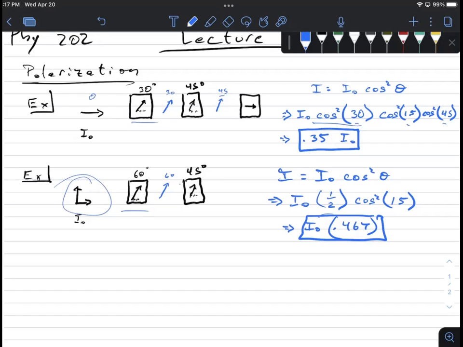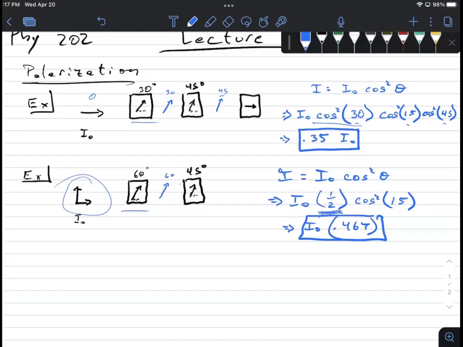And so the rule is, if you have a filter and randomly polarized light hits the filter, half of all the light is always blocked. The other half can make it through. So the first term, the term that's required for the first filter, instead of having to write down cosine squared of the angle, I don't need to.